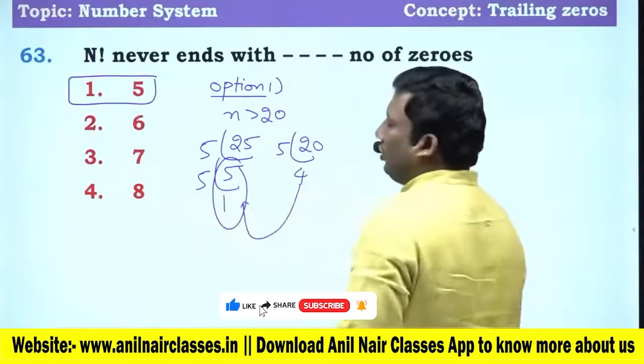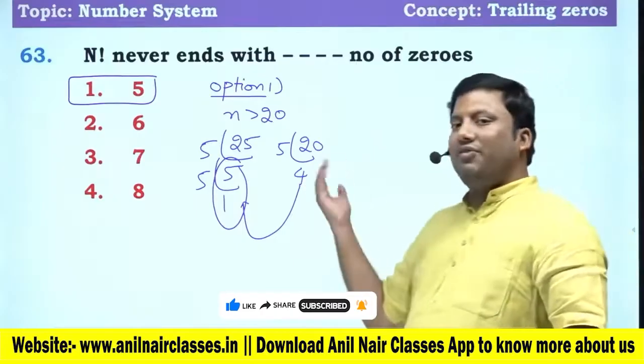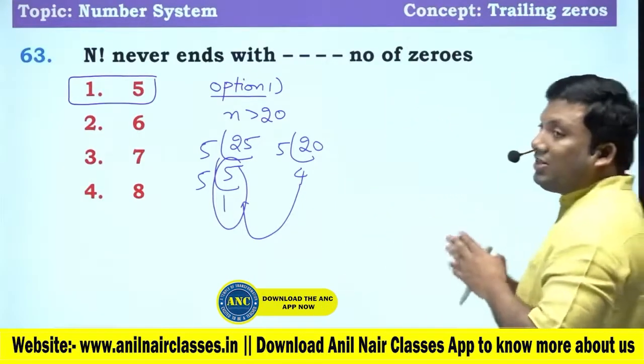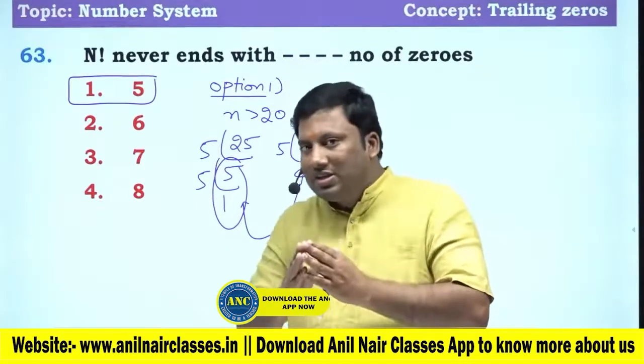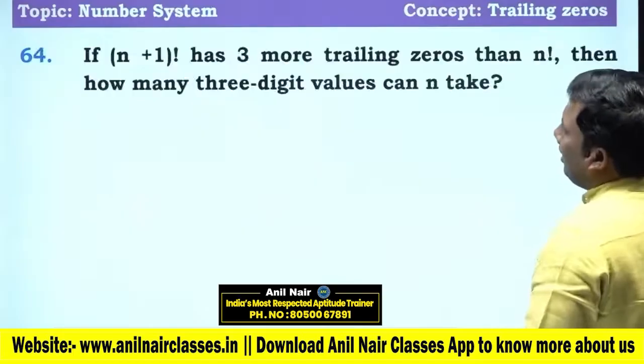There is no factorial which will end with 5 zeros at the end, because of the n greater than 4x concept. Idea clear? Next one.